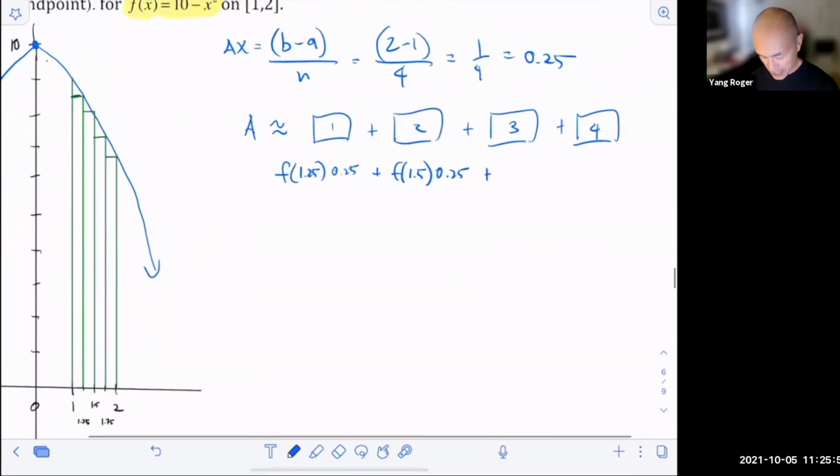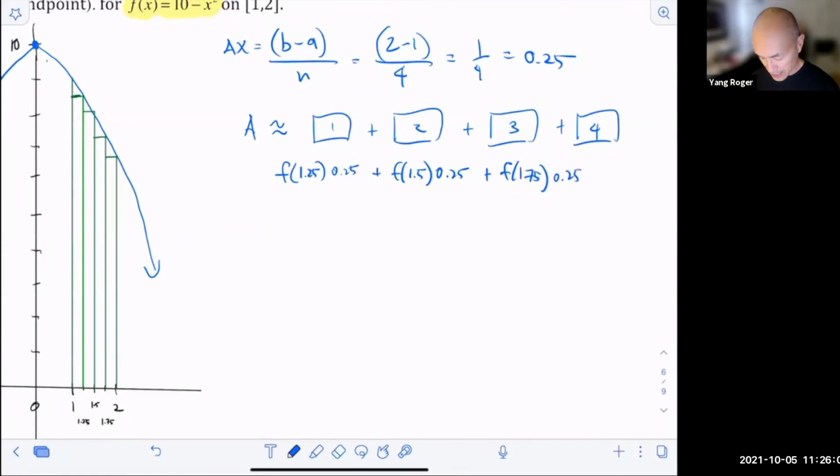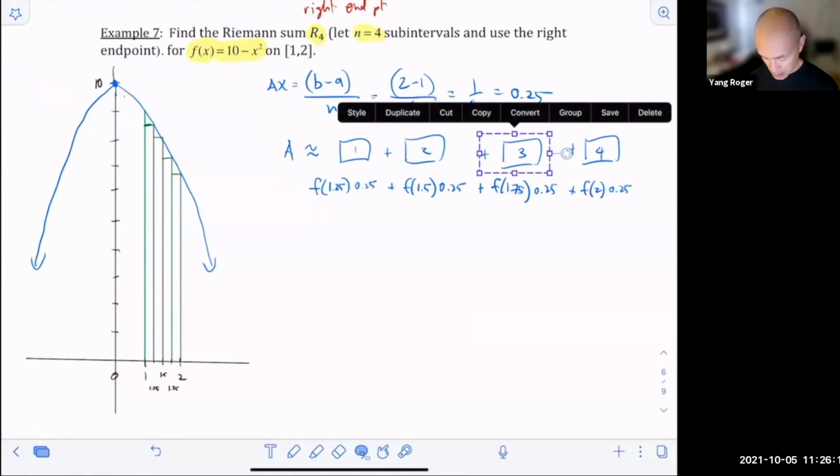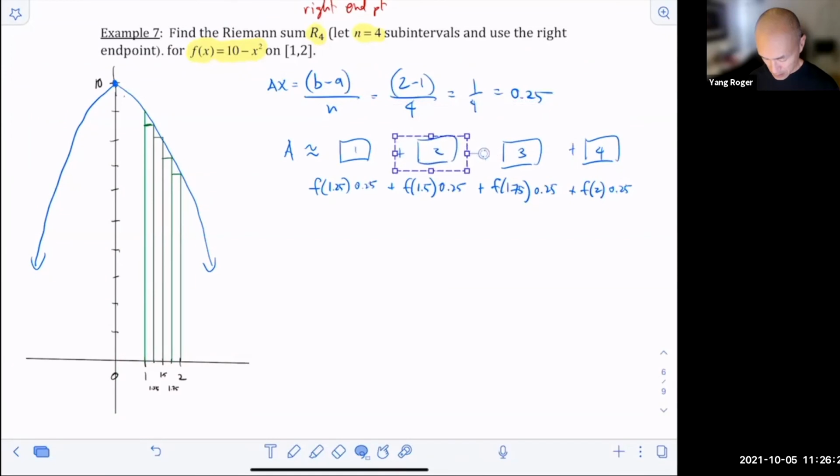For the third rectangle, that's going to be f of 1.75 times 0.25. And the last rectangle is going to be f of 2 times 0.25. Does that make sense for everybody? Are there any questions about this? Okay, cool.